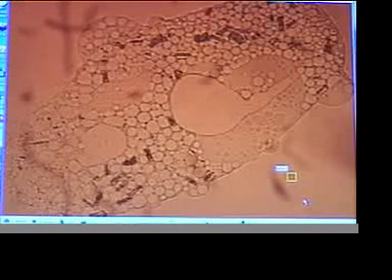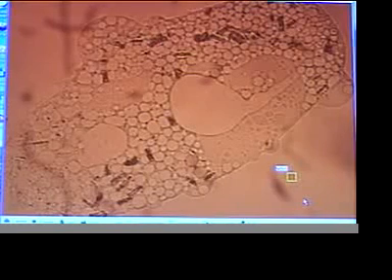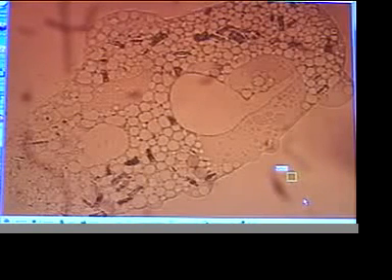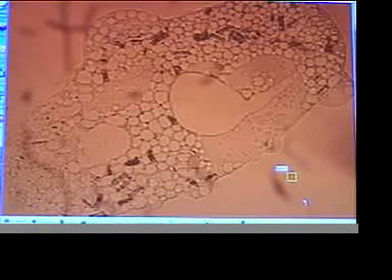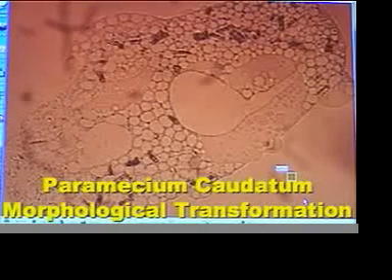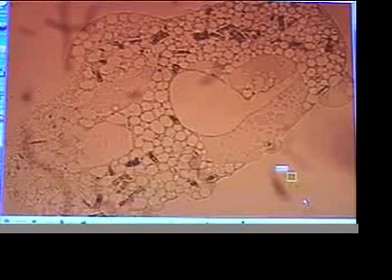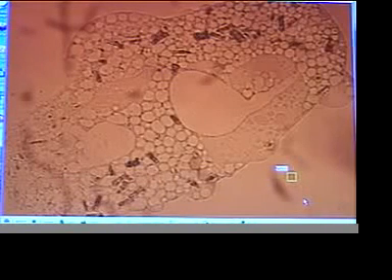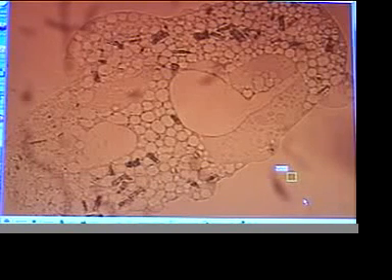Tremendous morphological change of the organism happening in real time. And pretty soon I think the organism will be completely unrecognizable.